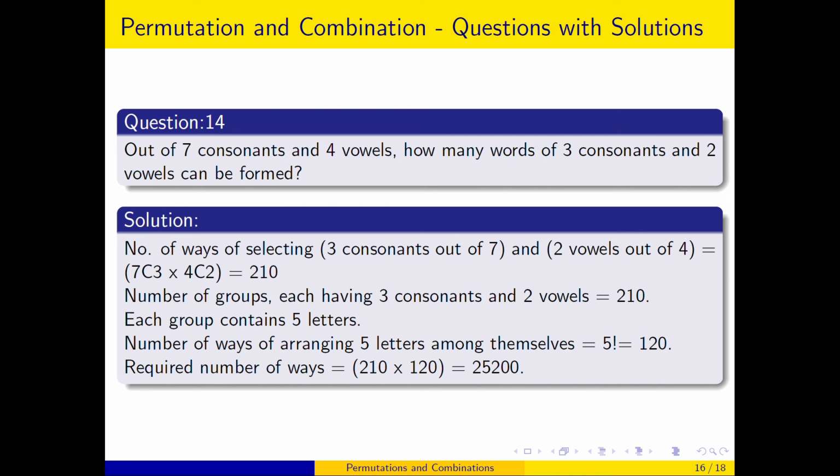Each group contains 5 letters. The number of ways of arranging 5 letters among themselves is 5 factorial, which is equal to 120. The required number of ways is 210 into 120, which is equal to 25,200.